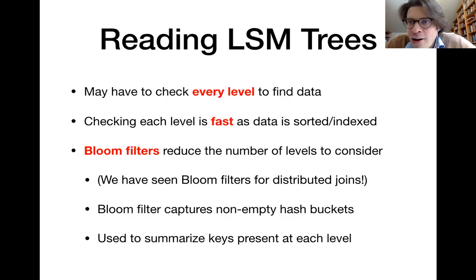It may also refer to different data, so you cannot be sure, and you need to check in order to see. If the bit is set to 0, it means that the data you're looking for is definitely not located there. So you can often skip looking at specific levels if you use a Bloom filter using the key that you're looking for as hash key.